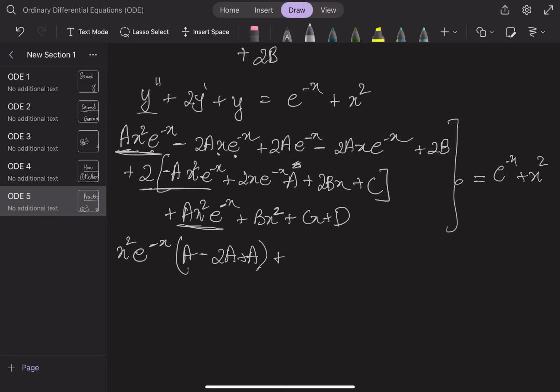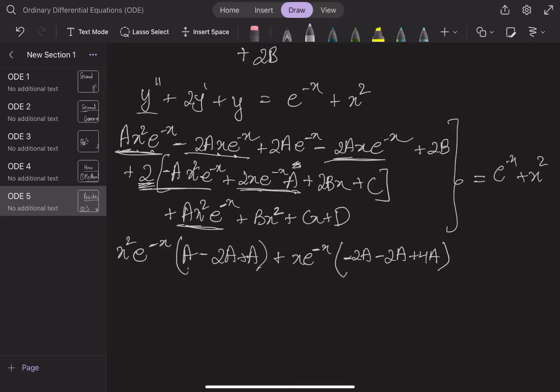The next is x times e raised to minus x. Here you get minus 2a, and again minus 2a, and plus 4a, 2 times 2 is 4, plus 4a.